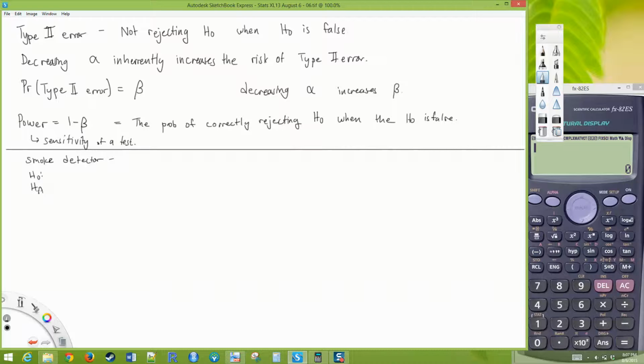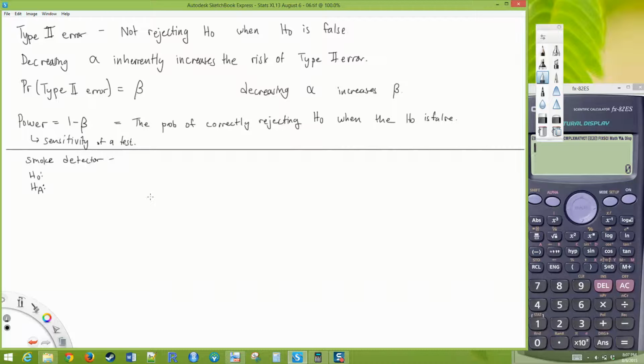When you start the smoke detector, it starts off with a null assumption or null hypothesis. It assumes that's true until enough data or evidence comes by to reject it. So with the smoke detector, one of the hypotheses is there is no fire, and the other is that there is a fire.